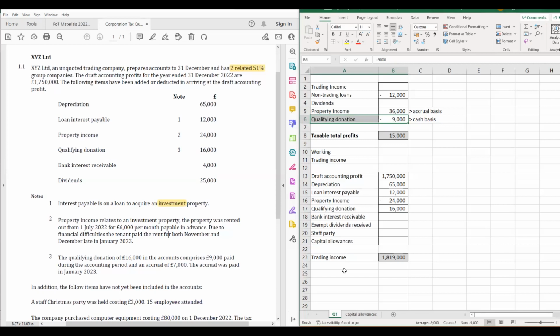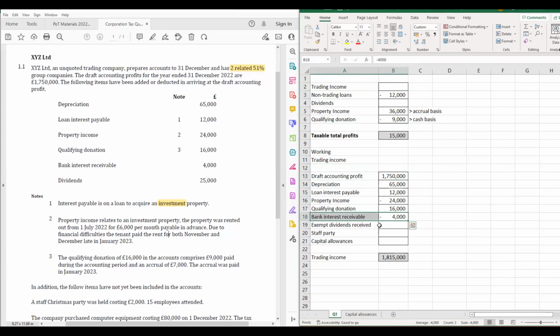Like I just said, you've always got to read those questions carefully though. But where you spot that it's a non-trade loan relationship, you essentially remove it from the trading income, and then allocate it to the non-trade loan box. Now, this is income, so we're going to have a negative down here because it previously was a profit, increasing our accounting profit.